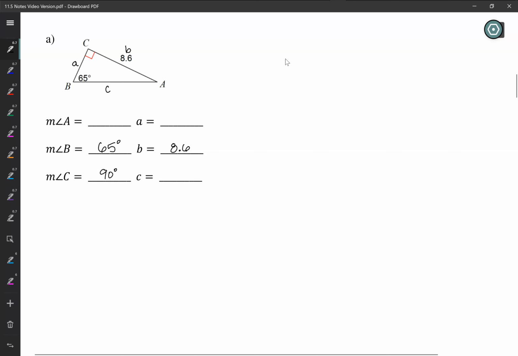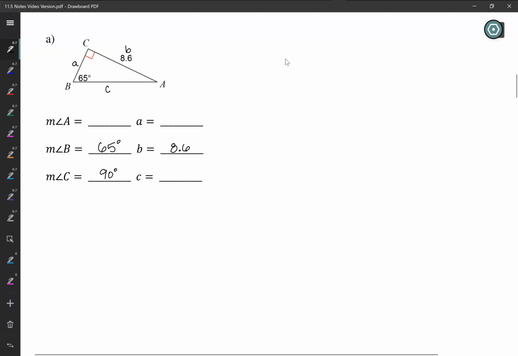We need to do that because we can't call everything X. You can't have all of the missing pieces be X. That would get very confusing. You can't have 4 X's in the same problem. They all have to have different variables. So I've filled in the things I know. Now I'm going to go ahead and figure out the missing pieces. And you want to stay organized.